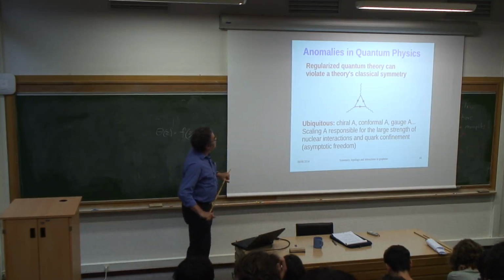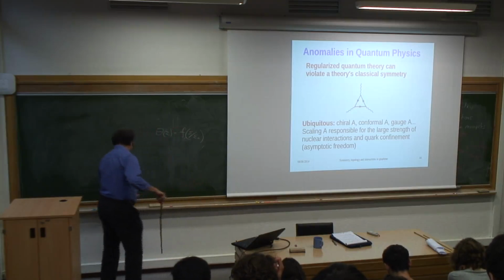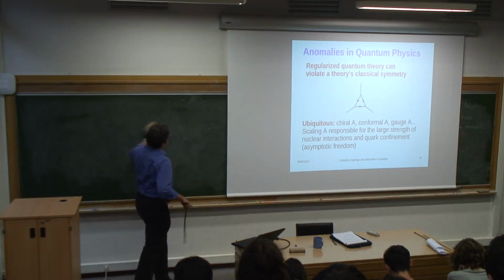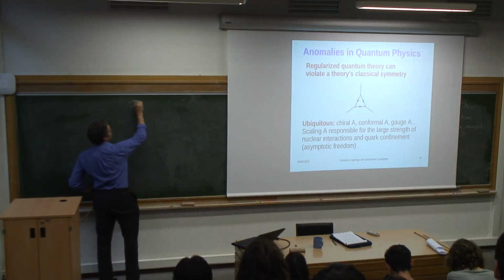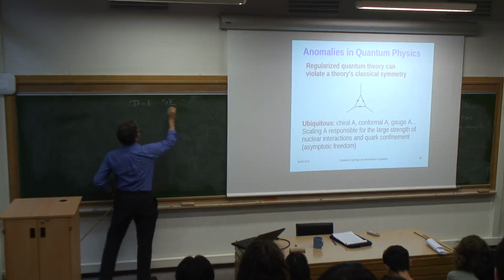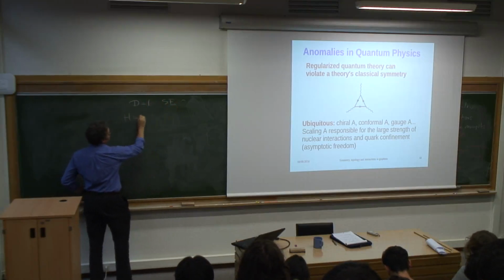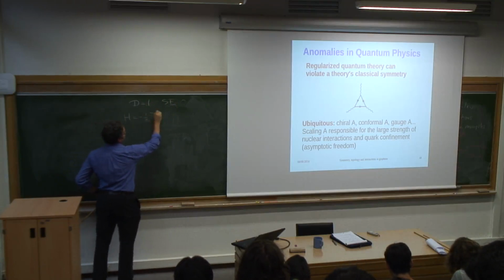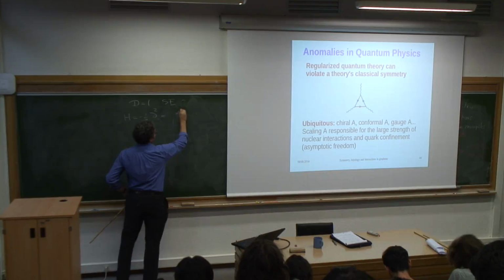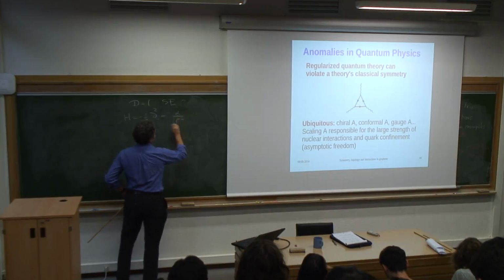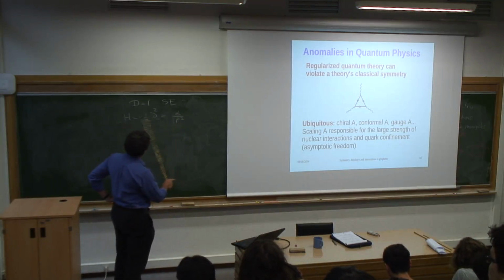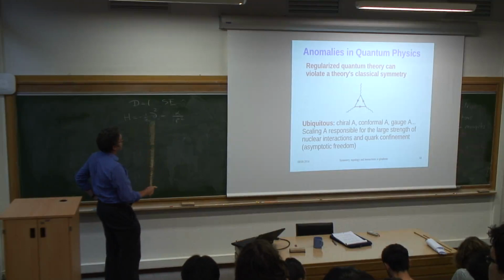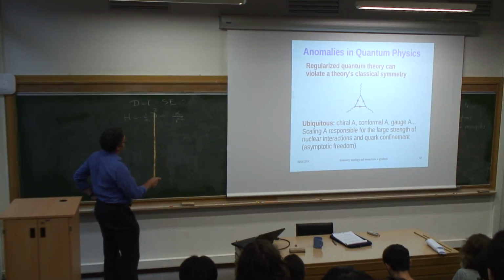And there are also simple, one particle quantum mechanics examples of the same nature. For example, if you take a 1D Schrödinger equation for a massive particle with negative alpha over r squared potential, then here I can make the same argument that scaling symmetry is an exact symmetry of this Hamiltonian, same way as before, because kinetic energy scales as gradient squared, and this is 1 over r squared.